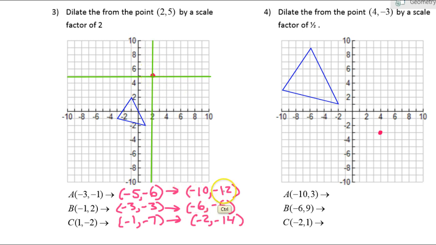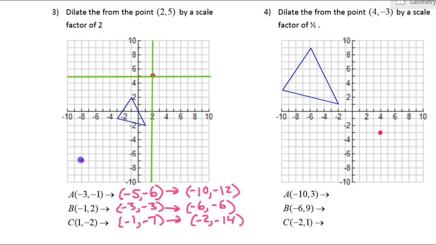So let's see, negative 10, comma, negative 12. So negative 10 is going to be right here. Okay, and negative 12 is going to be like, okay, so that's 5. And here's another 5.